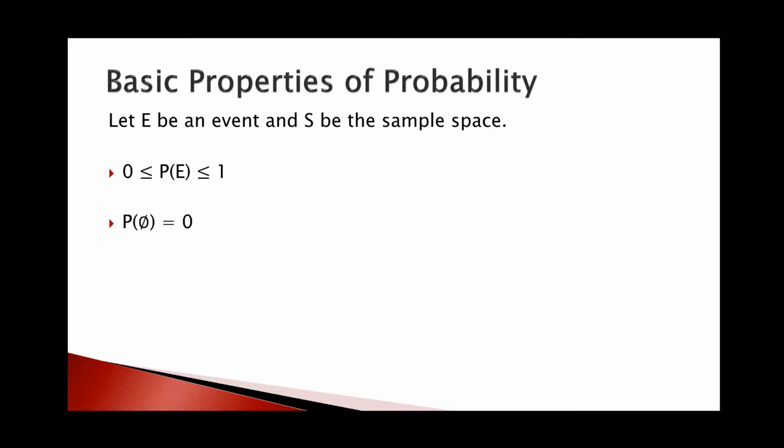The probability of the empty set is 0, and the probability of the sample space is 1. So whenever we get a probability of an event that is outside of the range of 0 and 1, we know that it is invalid, and we need to recheck our methods and see where we made the mistakes.